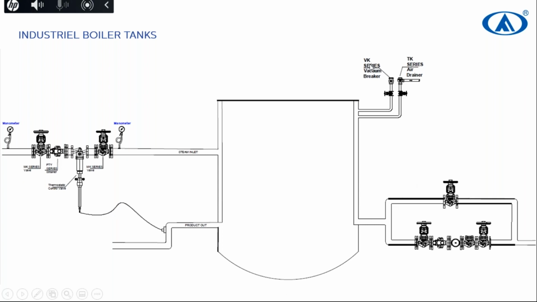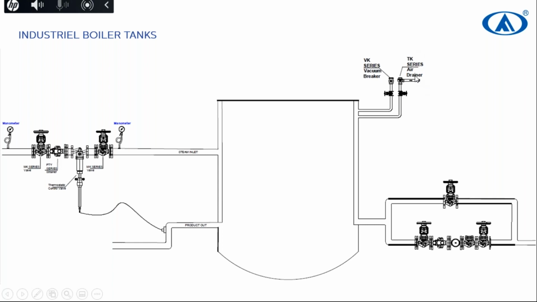If you don't use a vacuum breaker, there will be gasket damage issues, or there will be vacuum issues in the system. And according to this vacuum issue, the product can mix into your condensate. The product can mix into the steam, and it may cause a lot of damage to your boiler also.